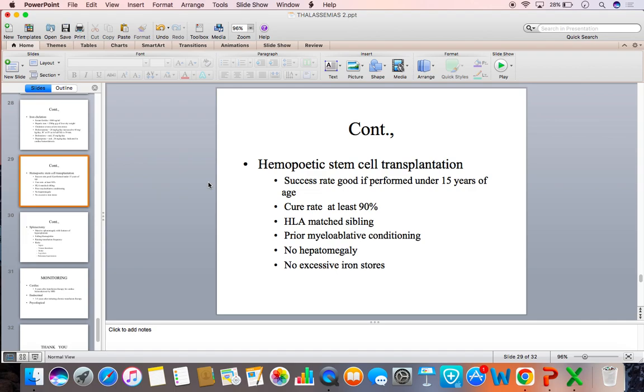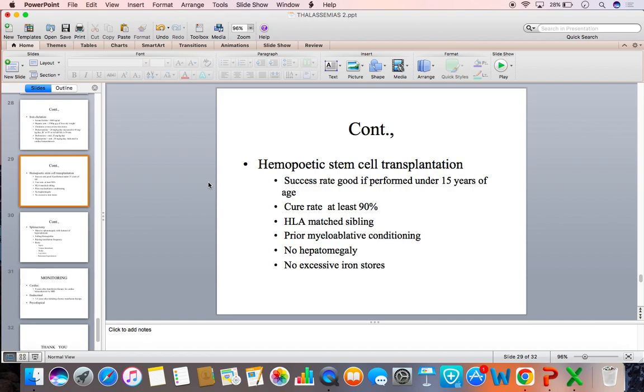The ultimate step is hemopoietic stem cell transplantation. Success rate is good if performed under 15 years of age. Cure rate is at least 90%. Okay, you need an HLA matched sibling, and we do prior myeloablation to condition the patient, and there should not be hepatomegaly.